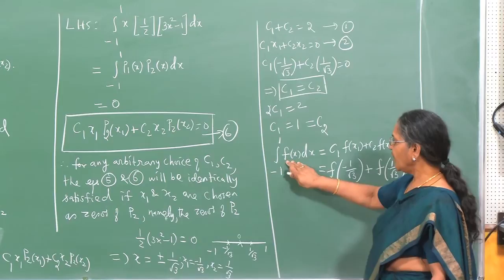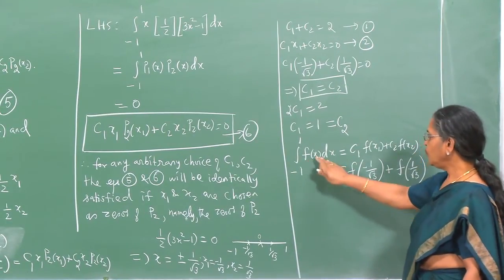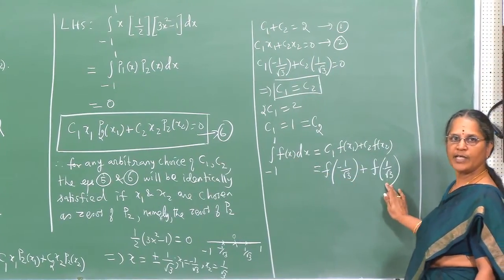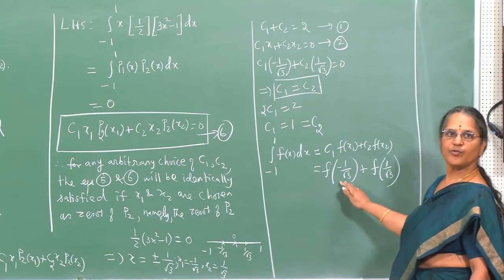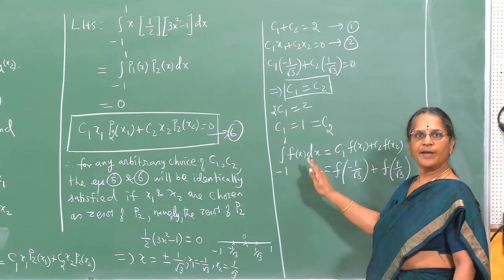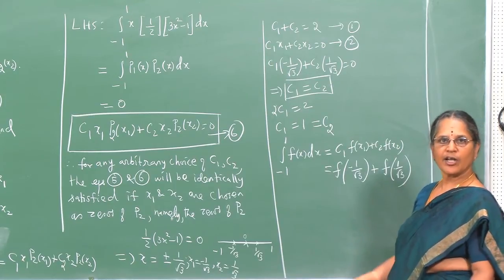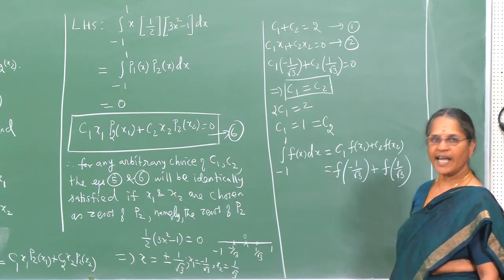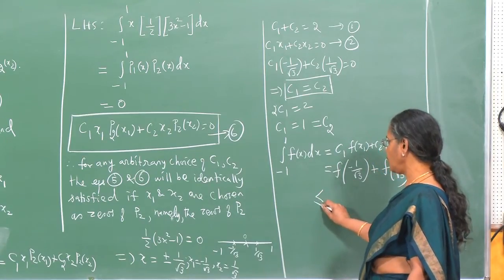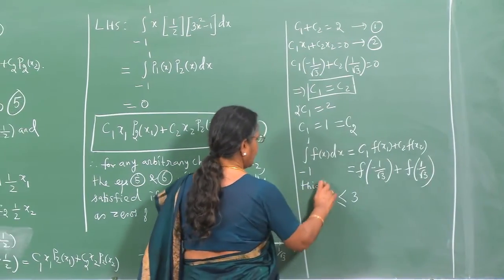So, knowing the function f of x, which is the integrand in the given integral, you evaluate f at minus 1 by root 3 and at plus 1 by root 3, then the sum of these values will give an approximation to this integral, and the method is exact for polynomials of degree less than or equal to 2n minus 1, where n is 2 here, namely for polynomials of degree less than or equal to 3. So, this method is exact.